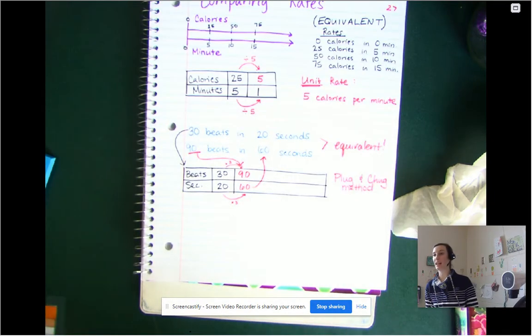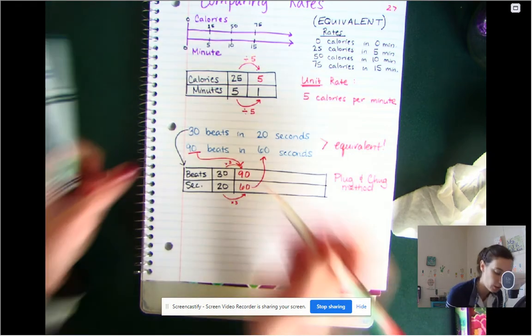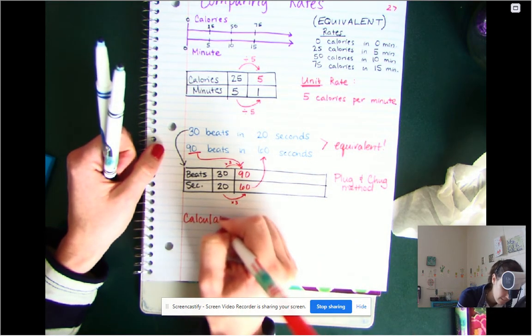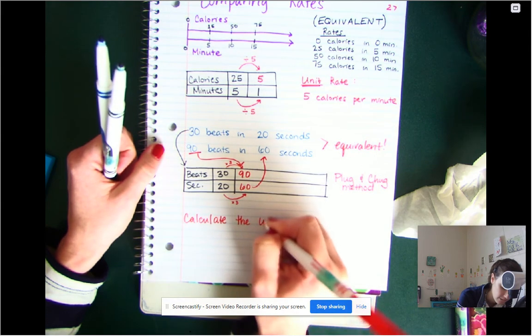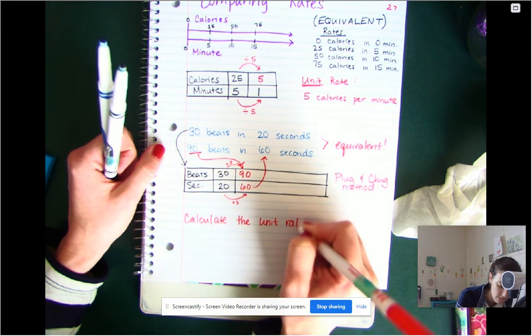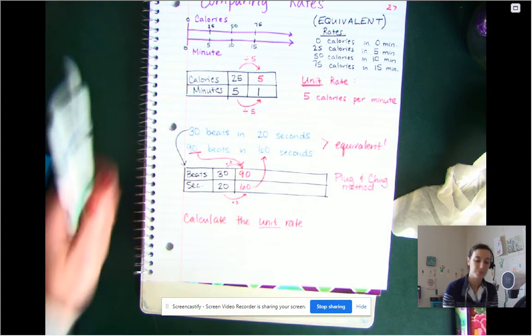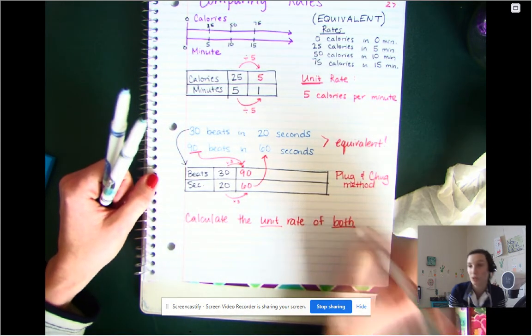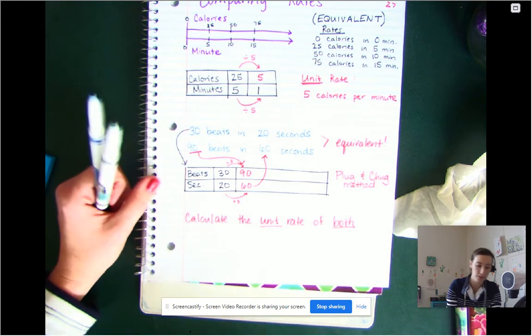Another way we can tell if two rates are equivalent is to find the unit rate. If they both have the same unit rate, then they're equivalent rates.